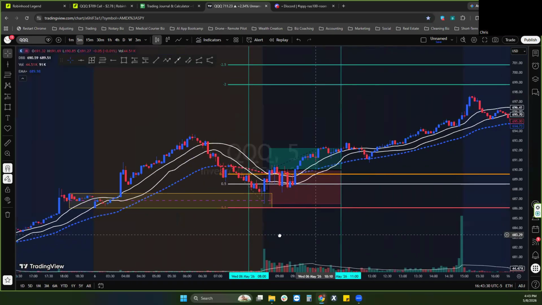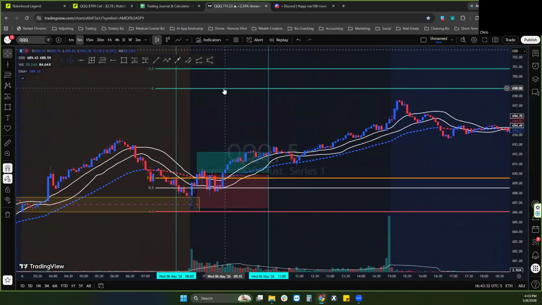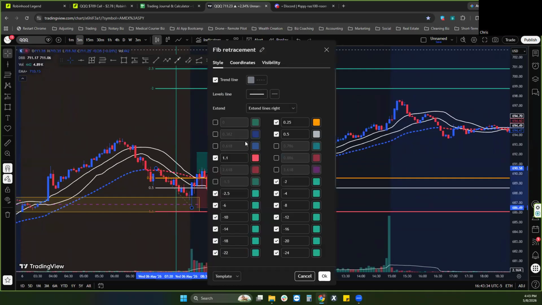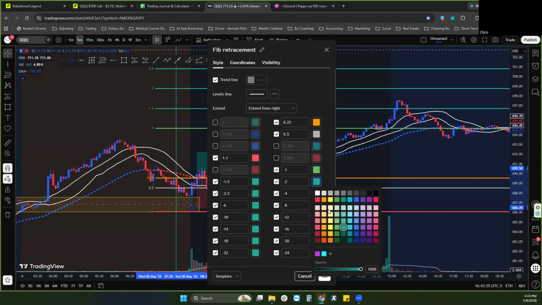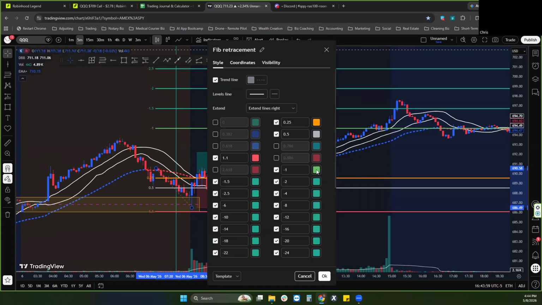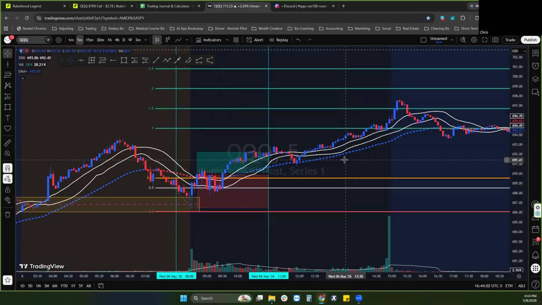Now, if you had held on to that trade throughout the day, we can make some adjustments here on the Fibonacci, and we can add a 1.5, and we can also add a 1.0. Change that color. Dark green, bottom, dark green, 3 from the bottom.